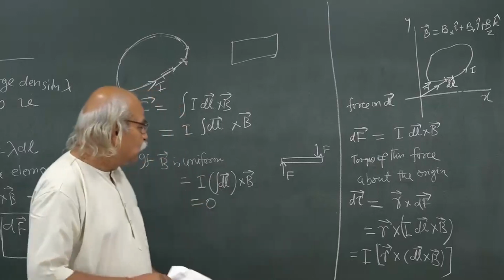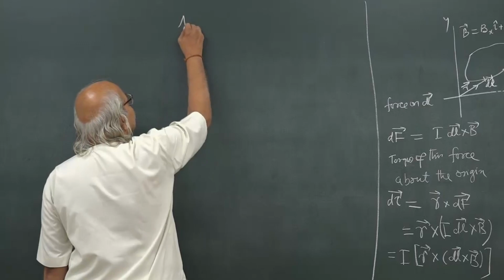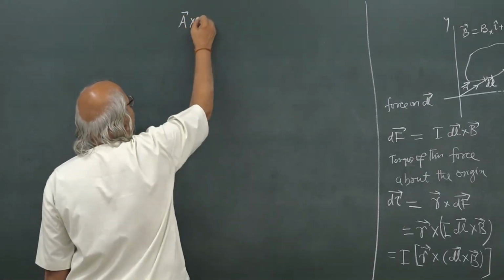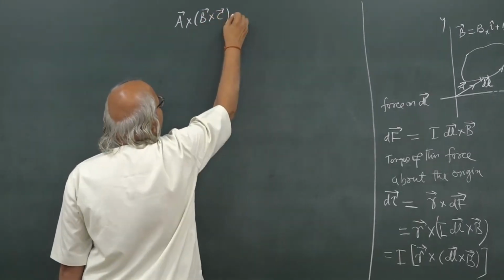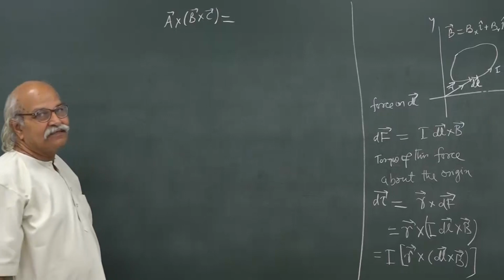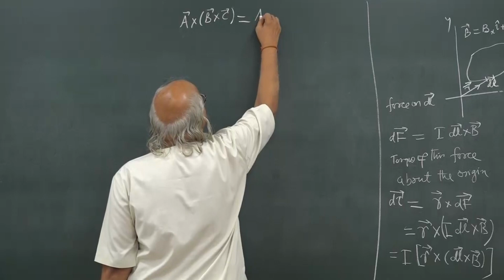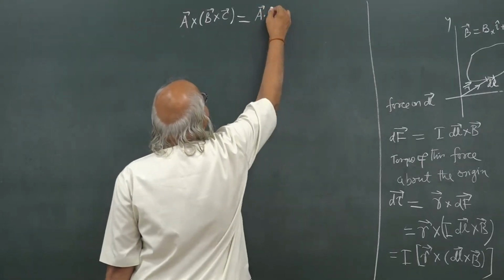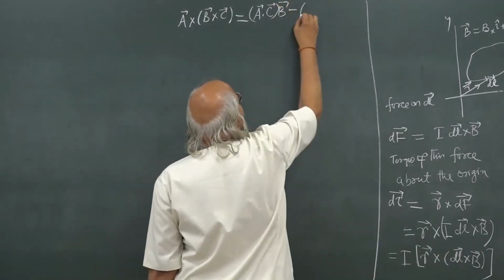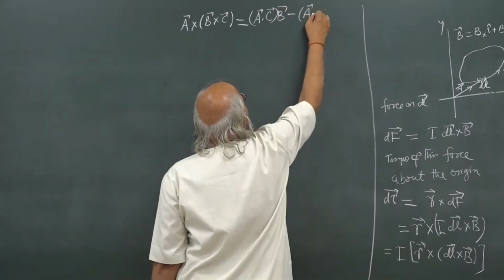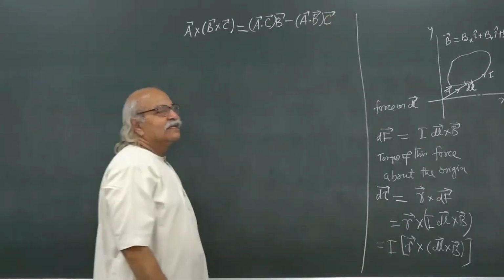Okay. Now, to simplify this, remember this relation, A cross B cross C. In elementary vector algebra, you must have done this. It will be (A dot C) vector B minus (A dot B) vector C. Okay, this is an identity.